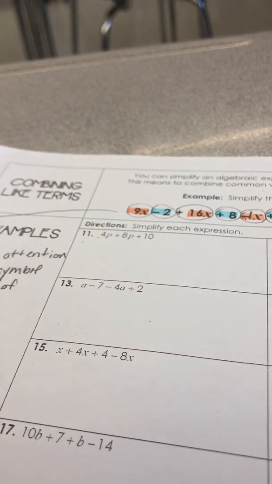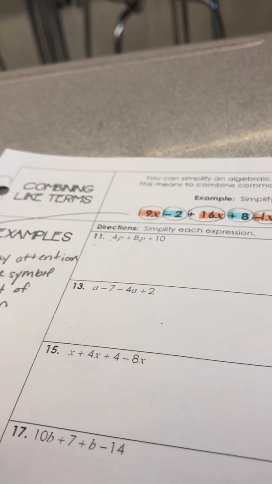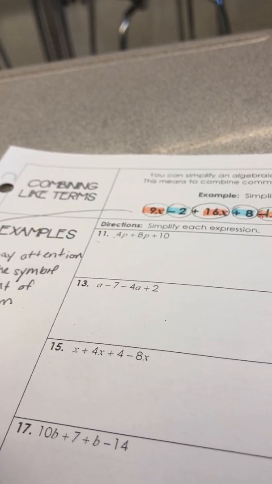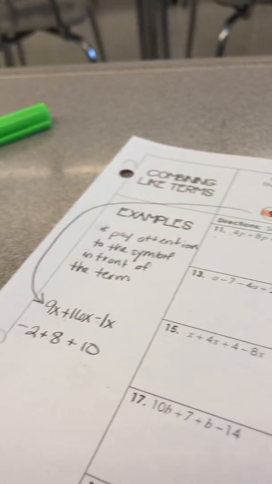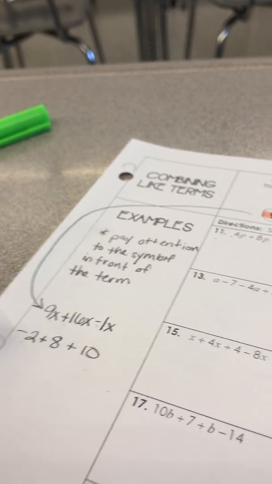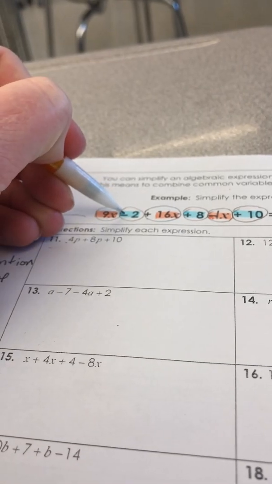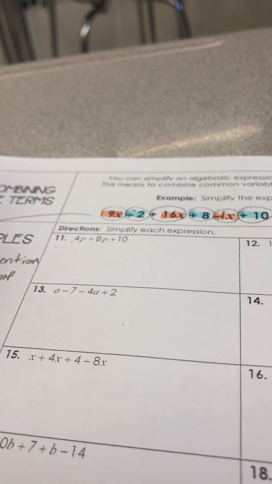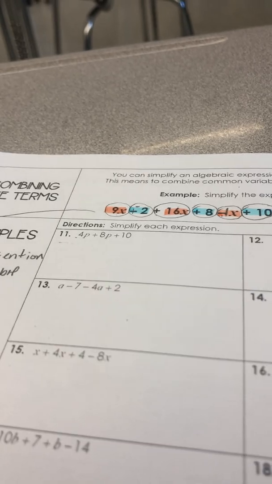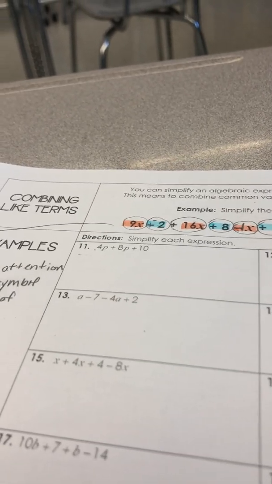And then I've got 2, which ends up being a negative 2, plus 8 plus 10. This 2 is a negative 2 because this is a subtraction sign. And when we subtract, we're really adding the opposite. So technically, anytime we subtract, we're adding a negative.